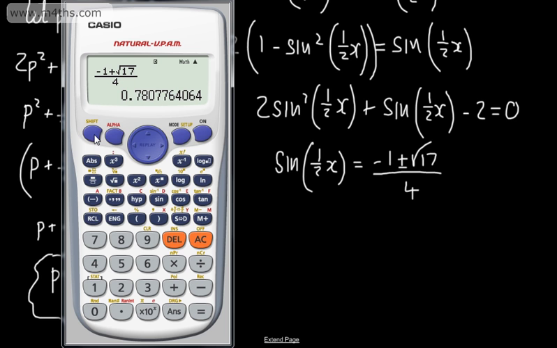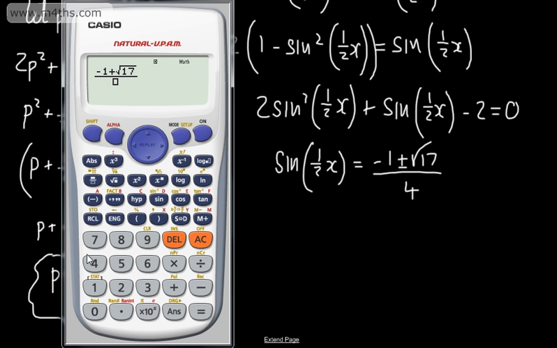I'm just going to store this in the calculator, shift store A. If we consider the next one, we do -1, and then plus or rather minus the root of 17 over 4, we need to do the negative.